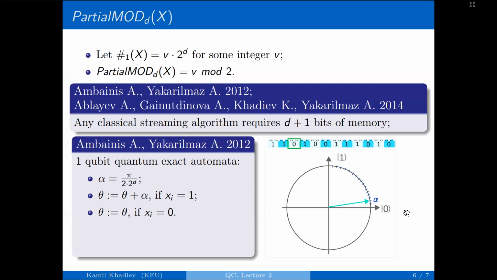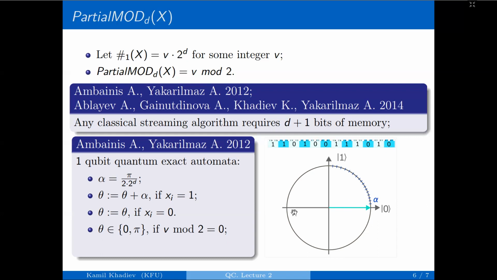Okay. Well, the angle will be pi over 2. Yes, the angle will be pi over 2. And after the next 2 to the d ones, it will be pi, then 3 pi over 2, then 0, and so on.